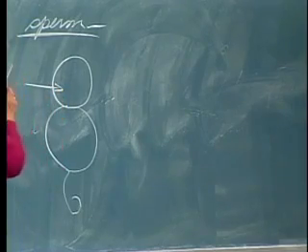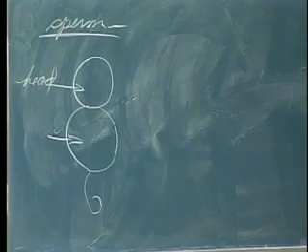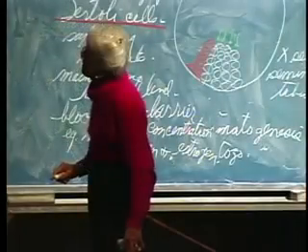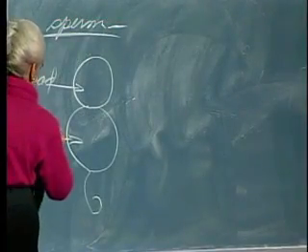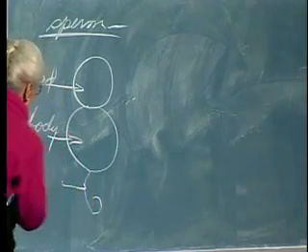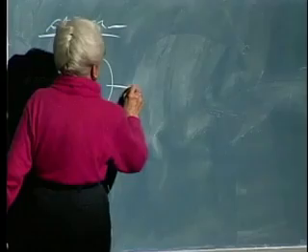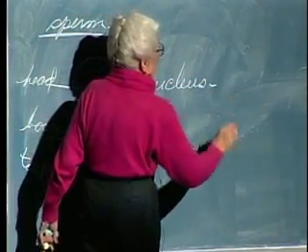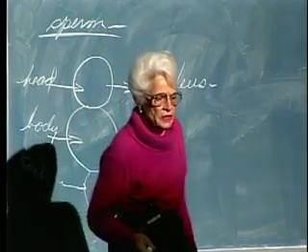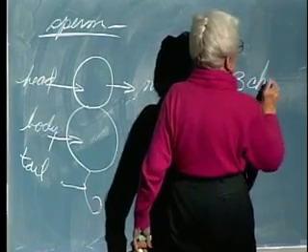So this is our head. Head, body, tail. What is the head representing from the cell? It's the nucleus, and it will be carrying 23 chromosomes.